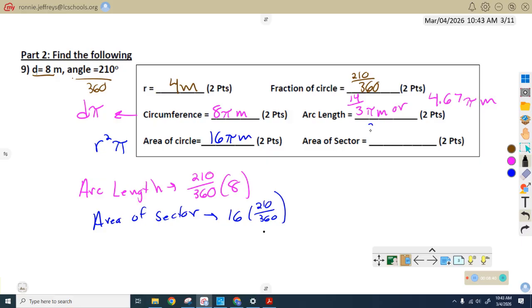So this would be 28 over 3 pi meters, or 9.33 pi meters, and I've got to add to that, round to the nearest hundredth.